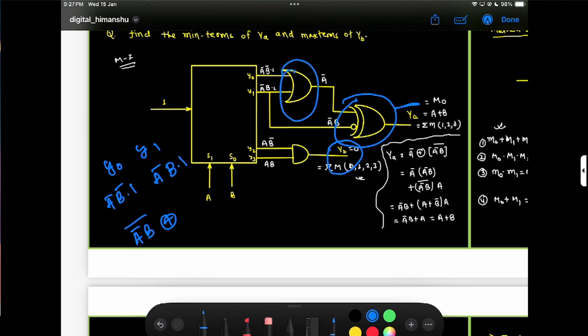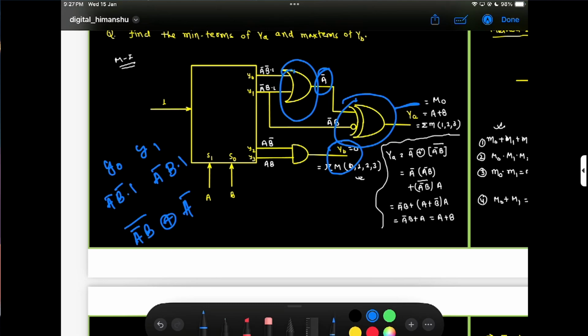So what is the output of the OR gate? Basically it is A bar B bar plus A bar B. If I take A bar common, it is basically A bar. My output is A bar.